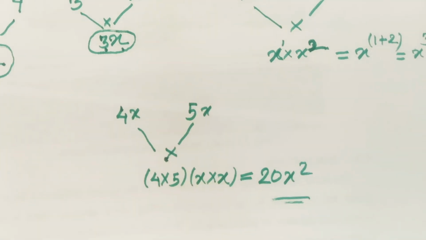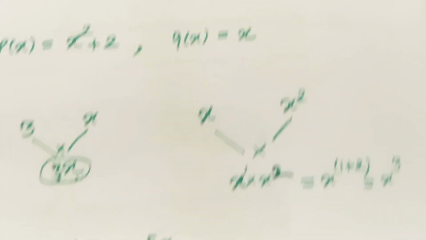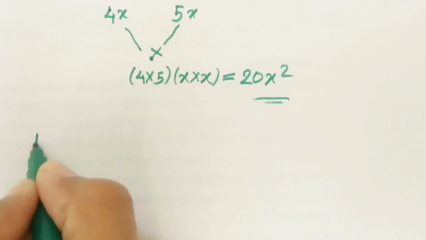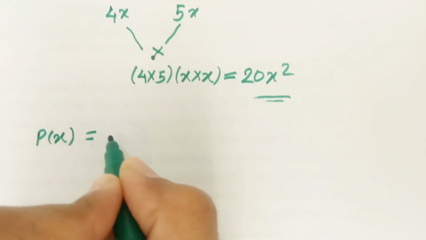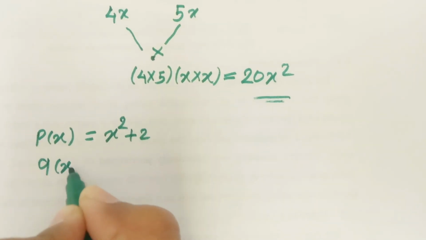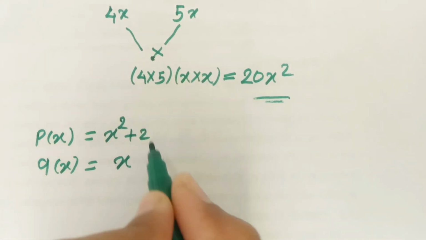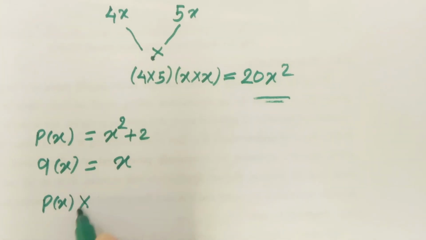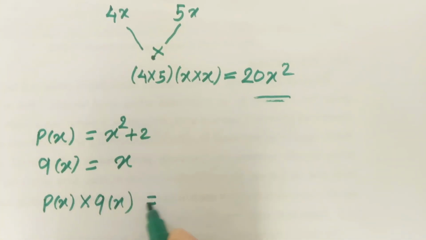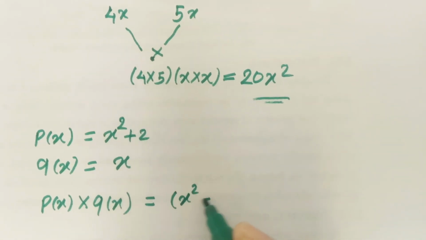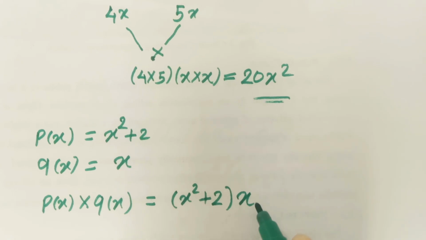Now we see, if we are given the polynomials p of x equals x square plus 2 and q of x equals x, how to multiply these two polynomials. Here p of x into q of x equals x square plus 2 into x. It is just like bracket multiplication.